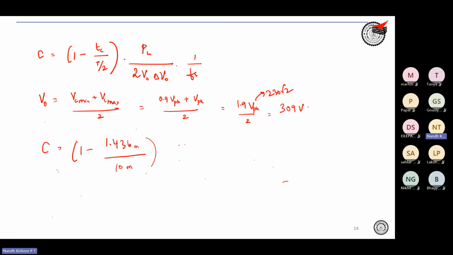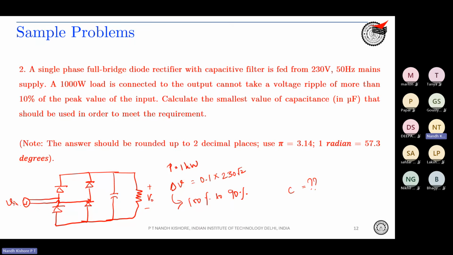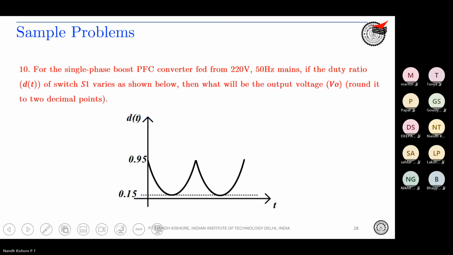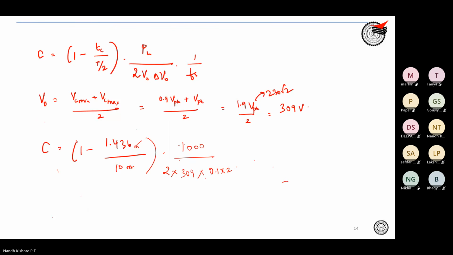So 10 milli get cancelled, and the power is 1 kilowatt divided by 2 into the average value V naught 309 and delta V naught is 10%, so 0.1 into 230 root 2.